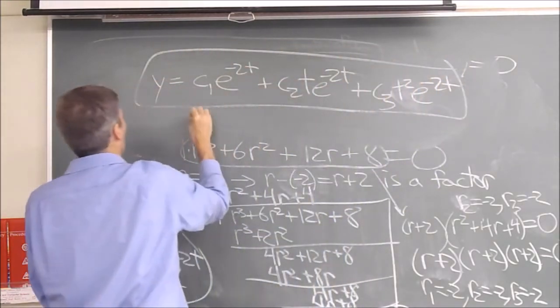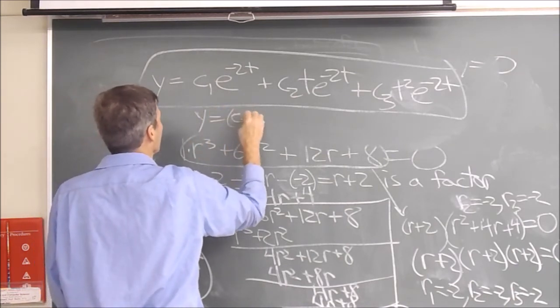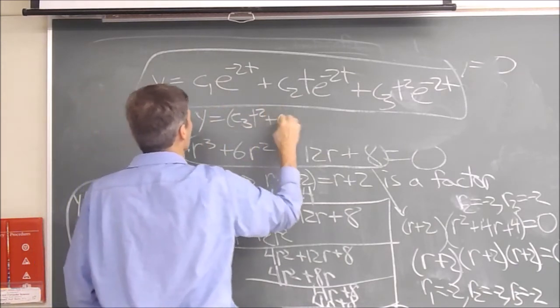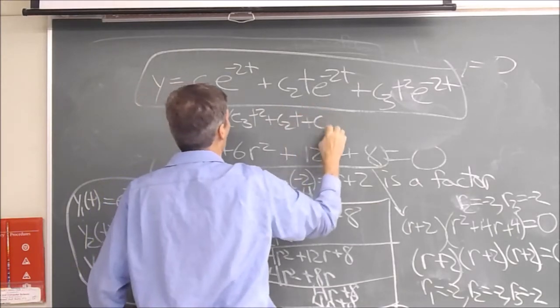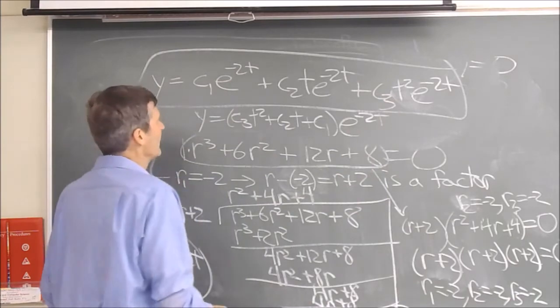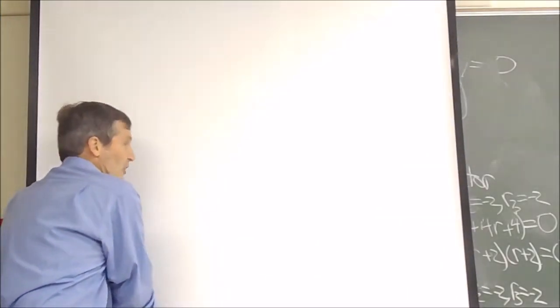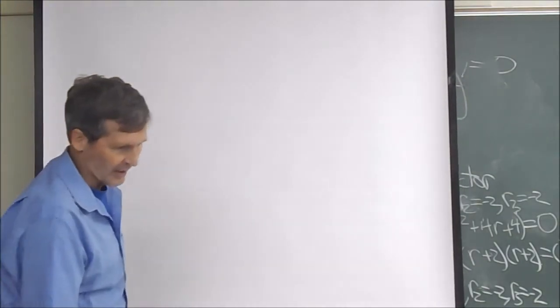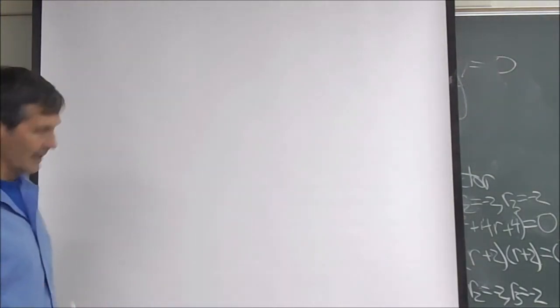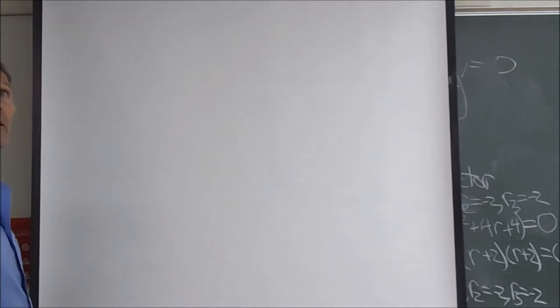If you like, you can write it in a shorter form as y equals (c3 t squared plus c2 t plus c1) times e to the minus 2t. That's the alternate form. So there is how you can solve that third degree equation. It's not so bad, right, because it's so like the second order equations that we already did.